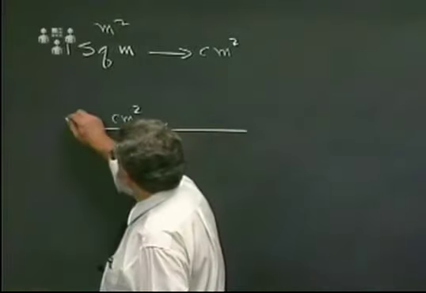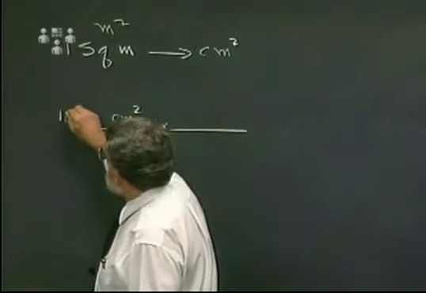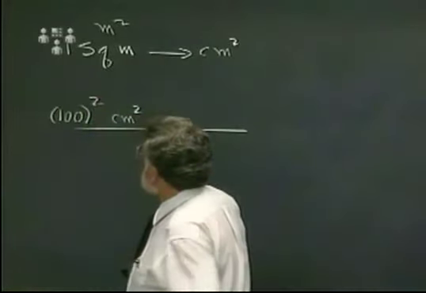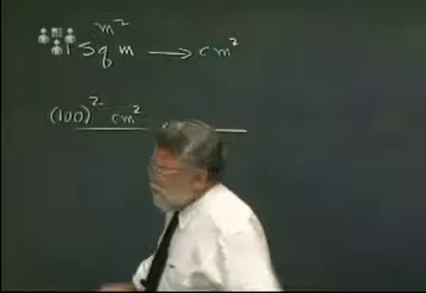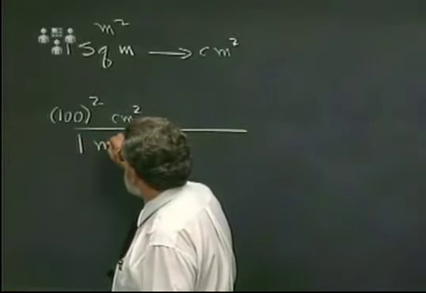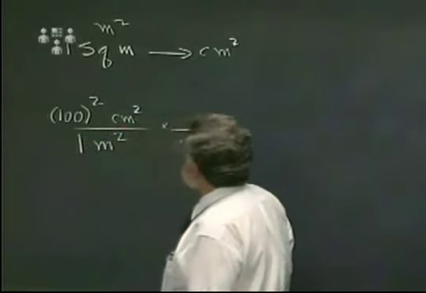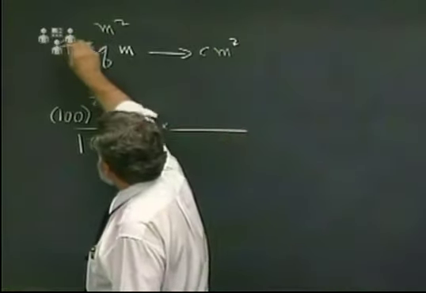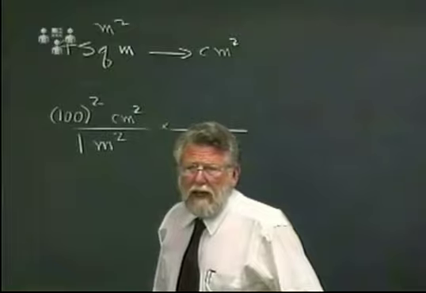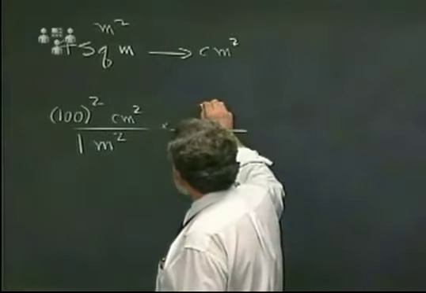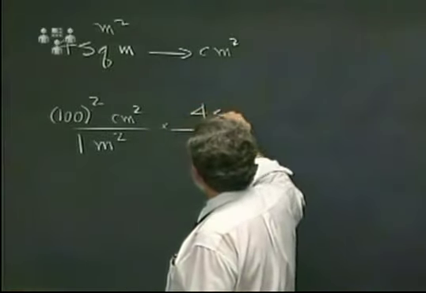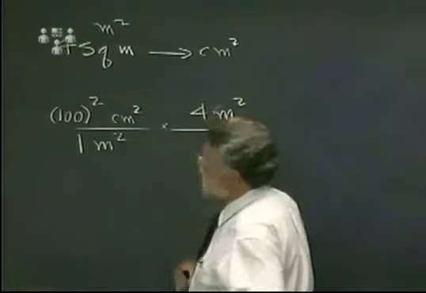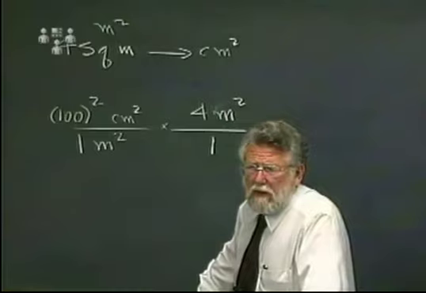So this is going to be 100 times 100 square centimeters, which is equal to what? 1 meter squared. And, of course, if I did something like 4 meters squared, and I wanted to get it in terms of square centimeters, I should stay consistent here and use meters squared there. That would be the process.